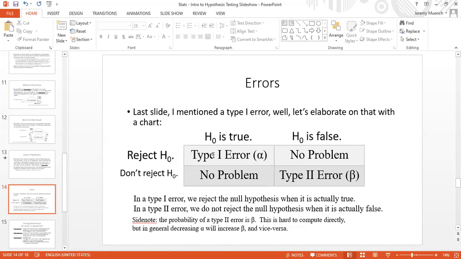Many of the things where you hear about experiments gone wrong, or people finding things that are awful, or just providing misinformation all over the place, are examples of a type 1 error.